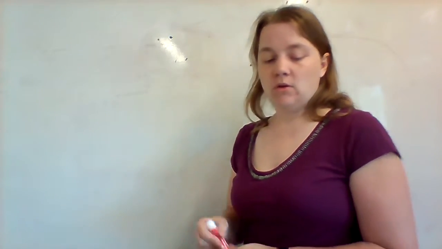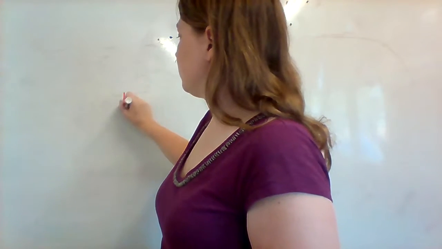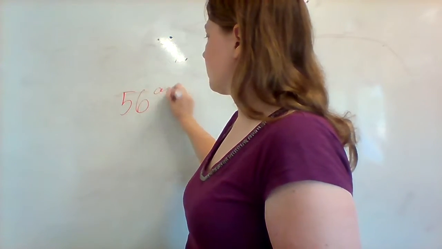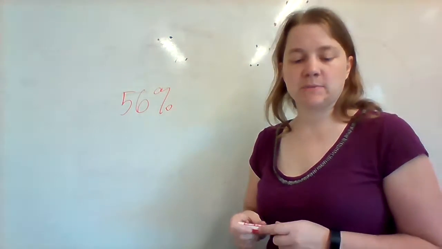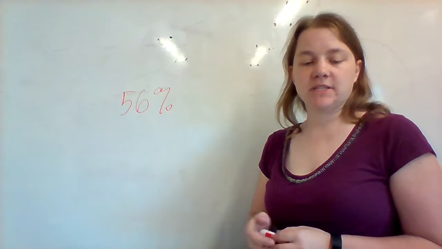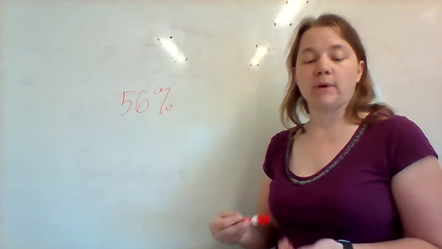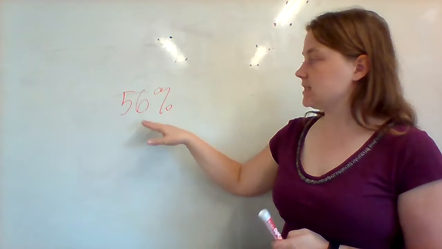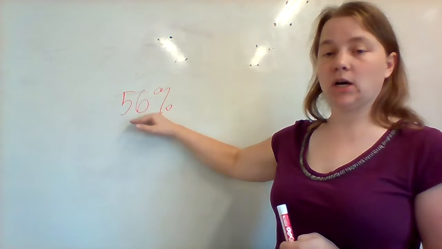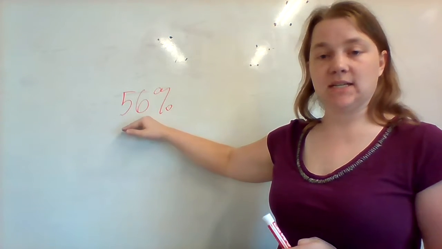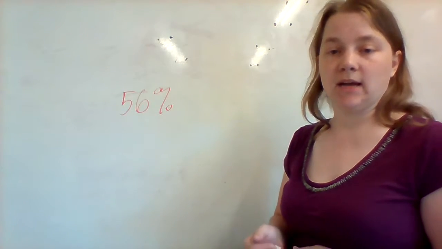Let's take a look at converting a percent into a decimal. We have 56%. In order to convert 56% into a decimal, we need to divide by 100. Because 56% says out of 100, 56 is the number we're looking at.